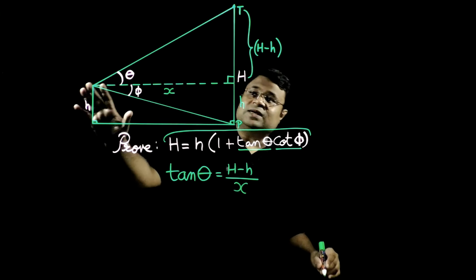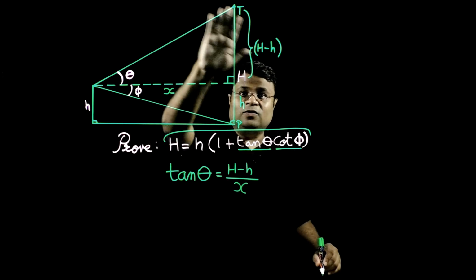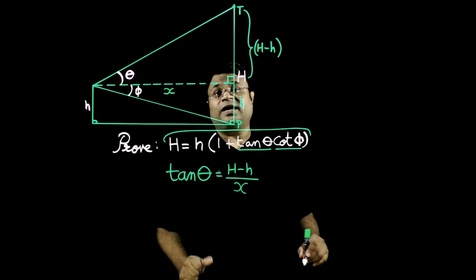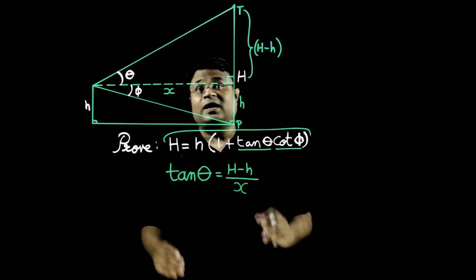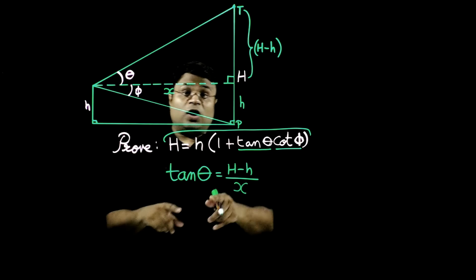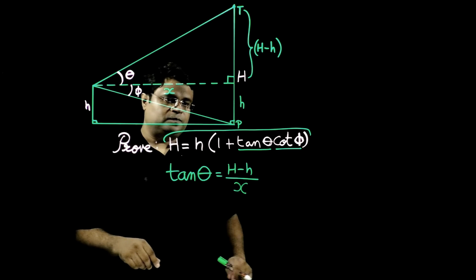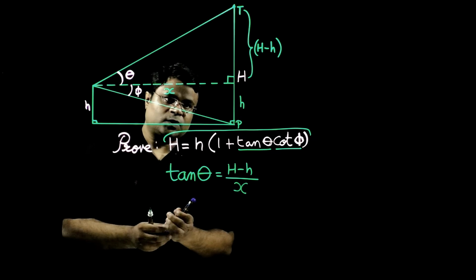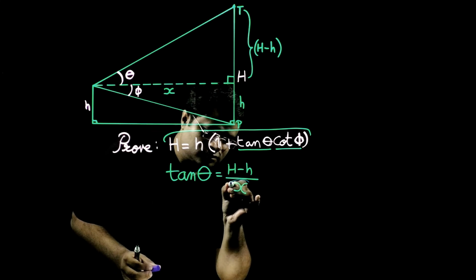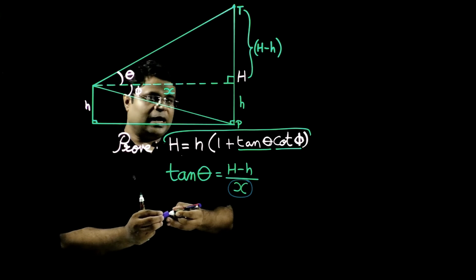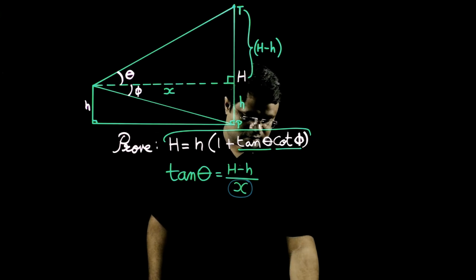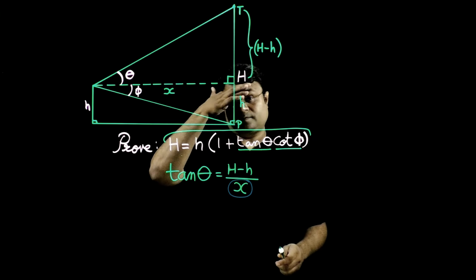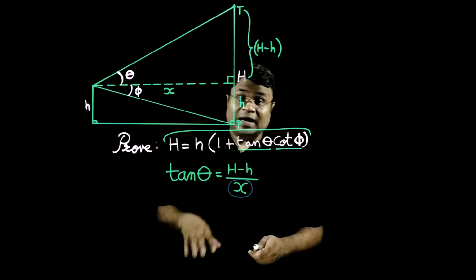This x is a part of the sides of the ratios, part of the figure, but it is not a part of the proof. I made a blue circle around it. I'll tell you the reason why.